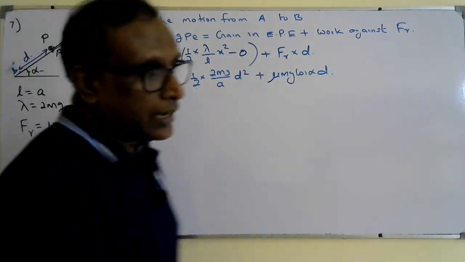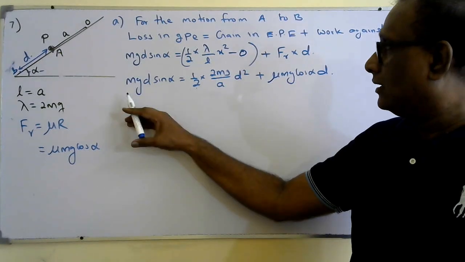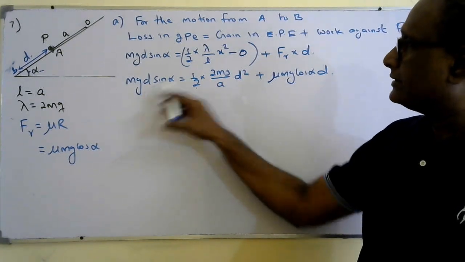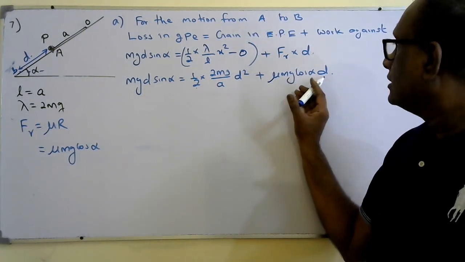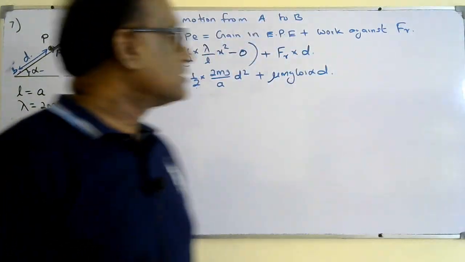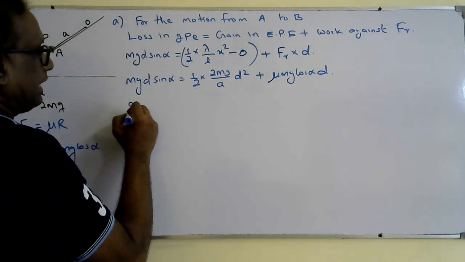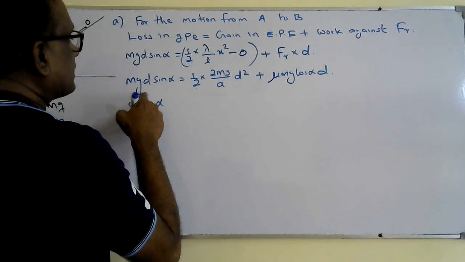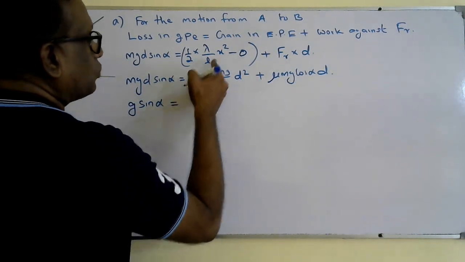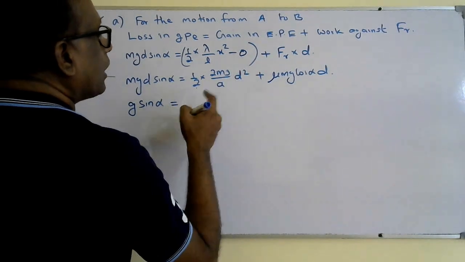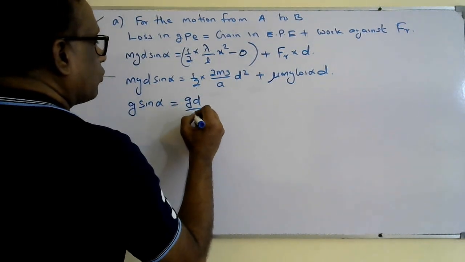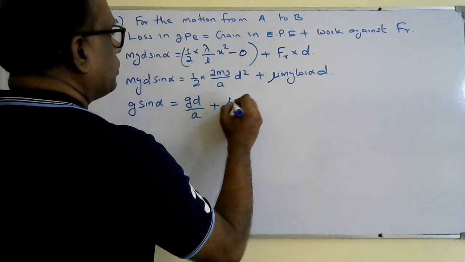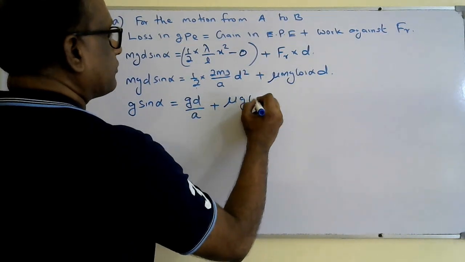Since lambda is 2mg, the 2 and half get cancelled. Dividing by d, so it becomes g sin alpha equals g d over a plus, m cancelled, mu g cos alpha.